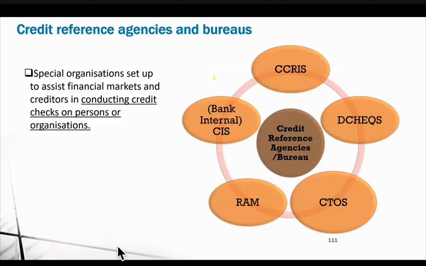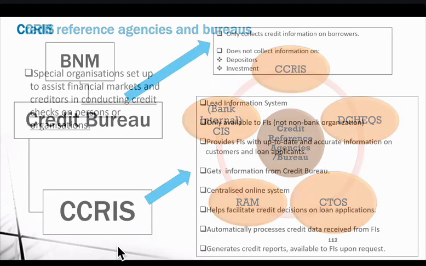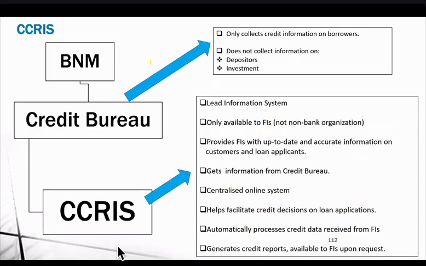Then they mentioned credit reference agencies. These are special organizations set up to assist financial markets and creditors in conducting credit checks on persons or organizations. For example, CCRIS is managed by Bank Negara under the Credit Bureau.